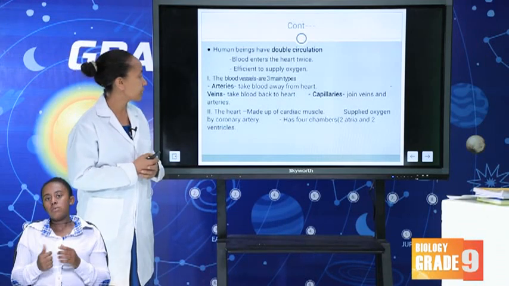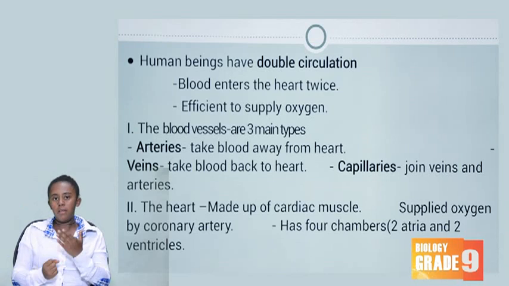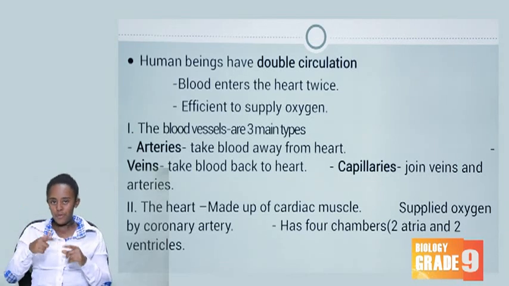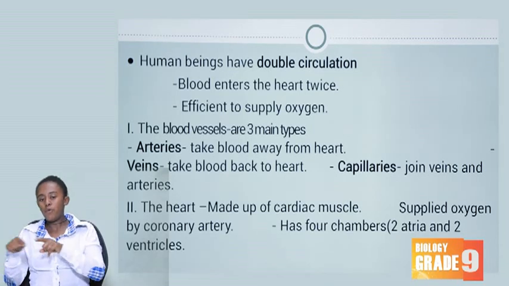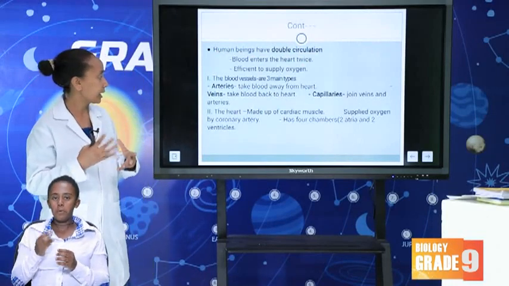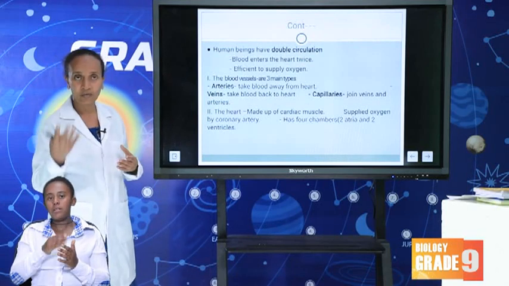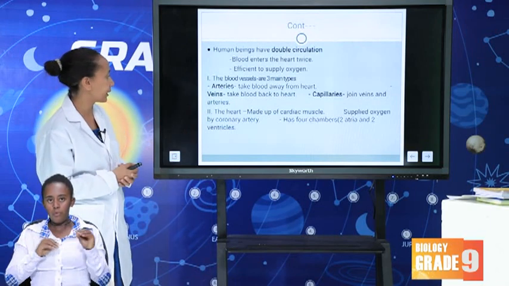Veins take blood back to the heart, and in this case, the structure of the vein is best suited for its function because it does not need a thicker wall; rather it has a thin wall and it has valves that allow blood to move in one direction.